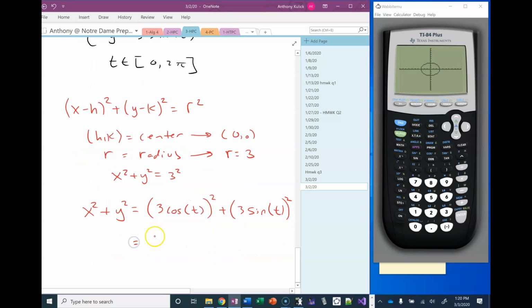So when I do 3 cosine t squared, I square the 3, and I square the cosine t. Same thing with 3 sine t squared. Everybody's okay with that? Notice that I have a 9 in common to each of those terms. So let's factor that 9 off.